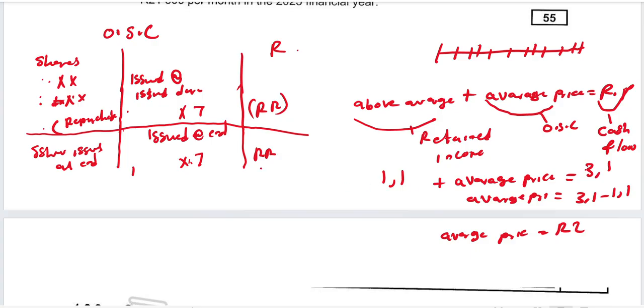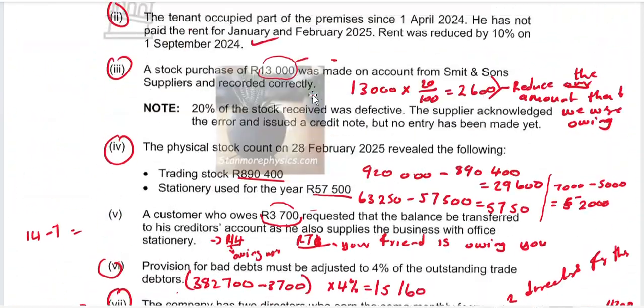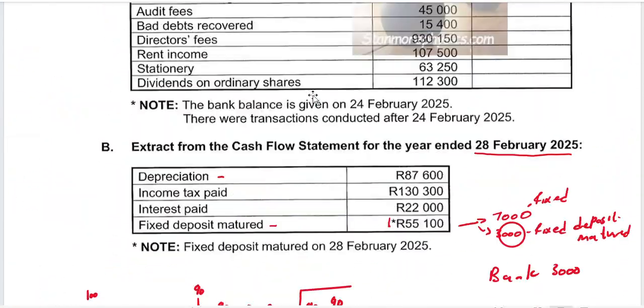So here we come. Now they gave us the money for here. I'm gonna go and check it on our trial balance. They gave us the amount, accounting guys.